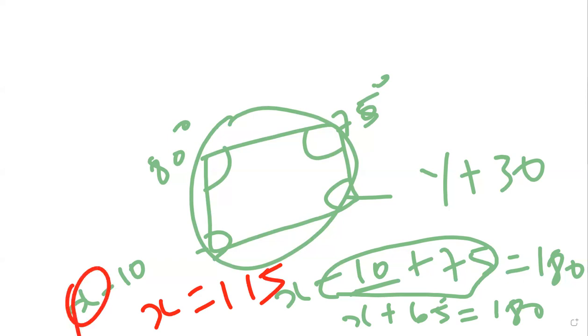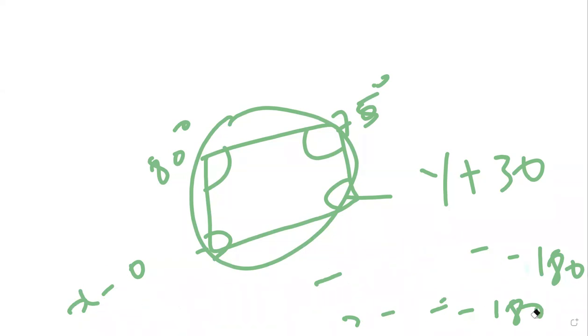And if I want to find the value of y, how would I do it? I just simply do the same thing, adding both angles, equating them to 180, and then I'll just solve for y.